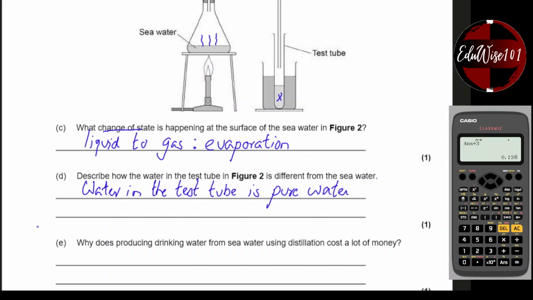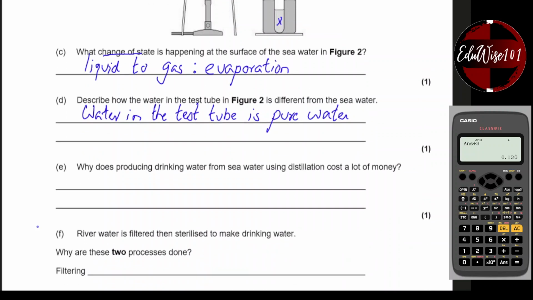The reason is heating water requires a lot of energy. Because it requires a lot of energy, it's going to cost a lot of money.